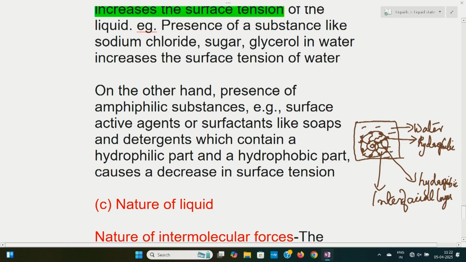Because of the formation of the interfacial layer, the interfacial tension lowers, which promotes emulsification. That is why when we rub our dress, the oil is removed from the dress.